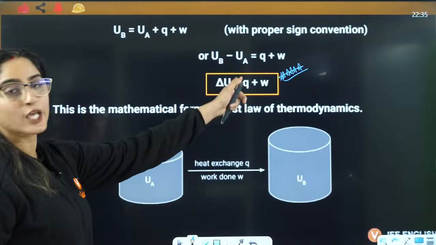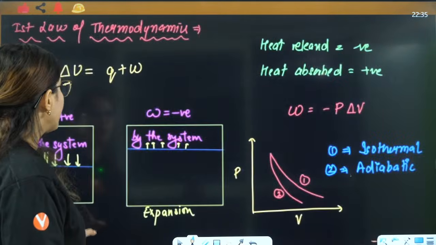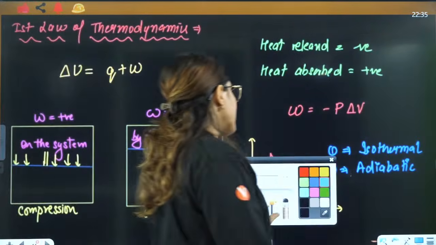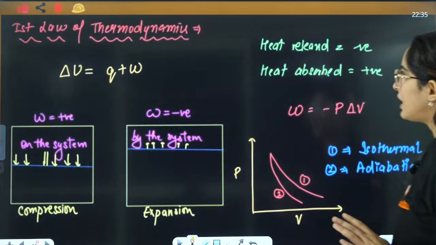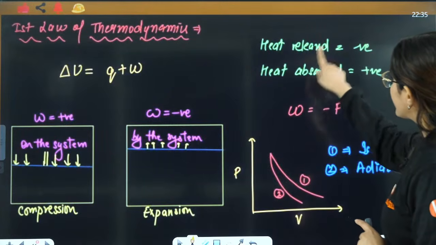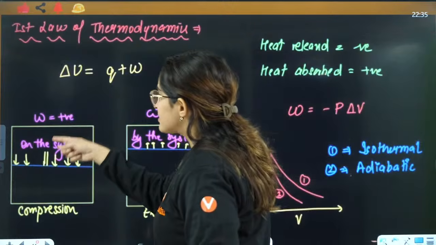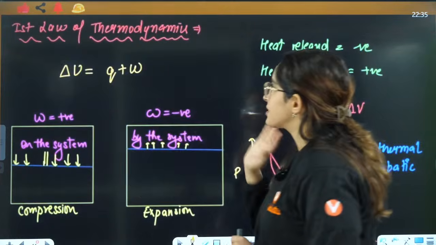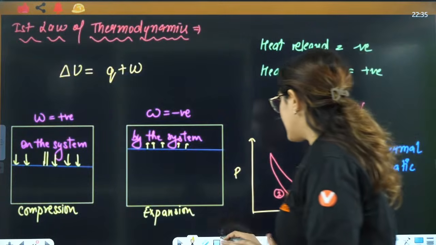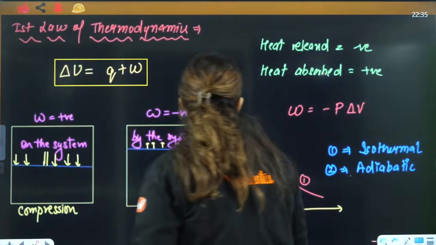Then this is the relation they have with each other, right? Understood? Heat energy released is negative, absorbed is positive. Work done on the system is positive, by the system is negative, in this particular first law of thermodynamics equation, right?